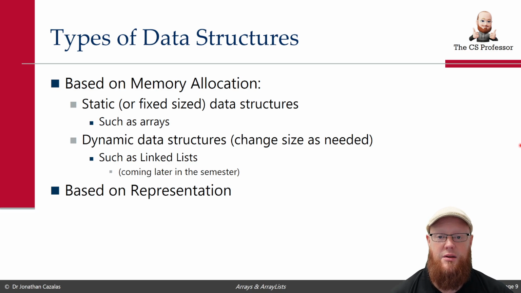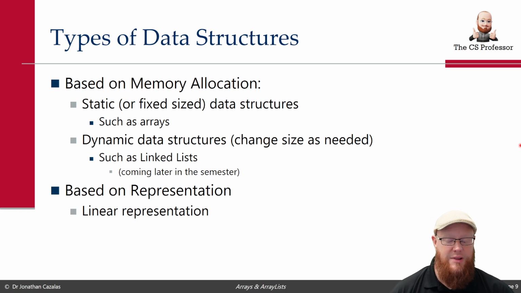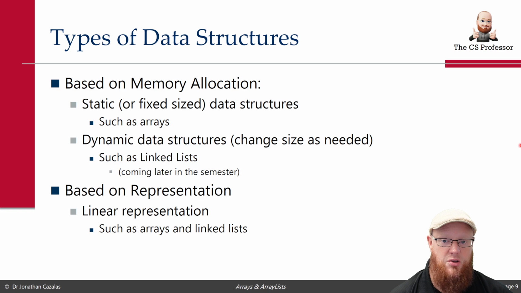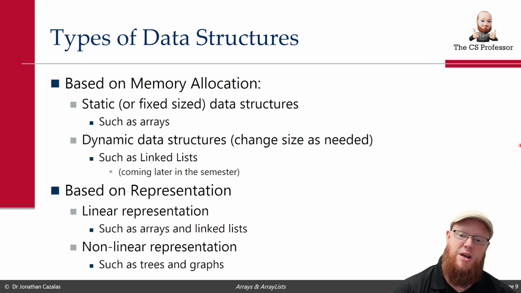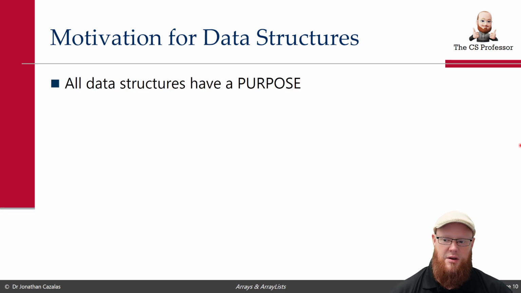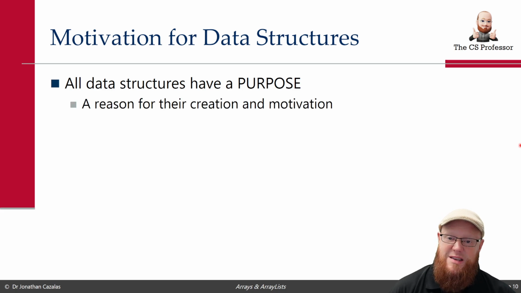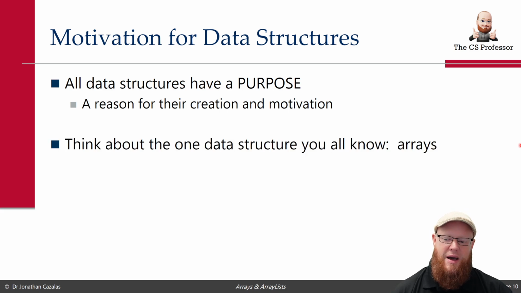We also can categorize data structures based off of their representation. We have linear data structures. This is your array, linked list, stacks, and queues. We also have nonlinear data structures such as trees and graphs. So what is the motivation here? Every data structure has a purpose, a reason for their being, for their creation, and the motivation behind it.